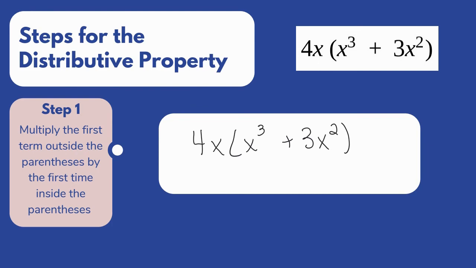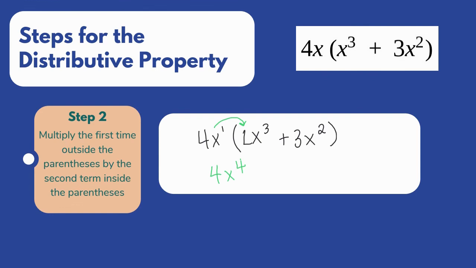And we have our monomial on the outside. We'll start by multiplying 4x times x to the third power. I know I have an invisible coefficient here of 1. So 4 times 1 is 4. And x to the first power times x to the third power is x to the fourth power.